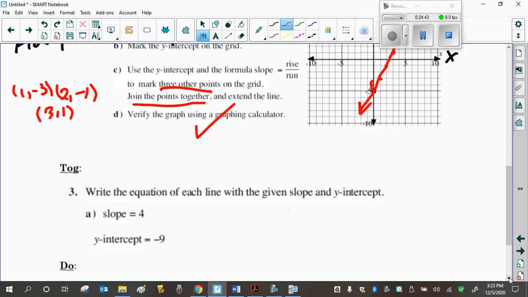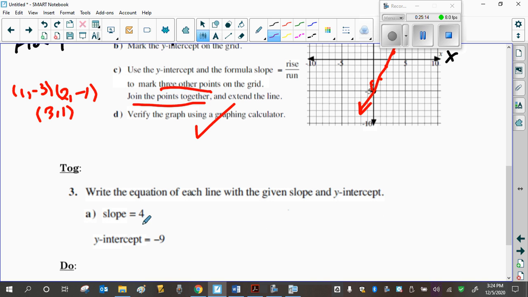I'll give you 22 seconds. That's exactly 22 seconds.